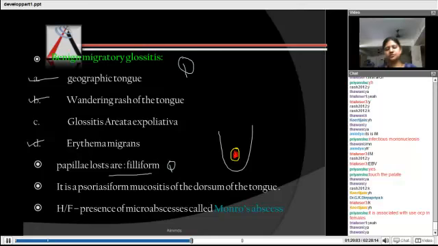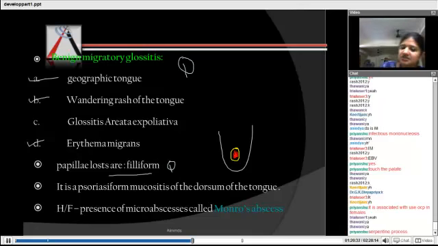Just to give you a rough idea how this looks like, there will be a central red lesion, which is characterized by absence of the papillae, because of which it appears smooth and flat, a smooth, flat, red lesion because of the absence of the papillae. Surrounding this red rash is going to be a small yellow colored border. There will be this yellowish border around it.